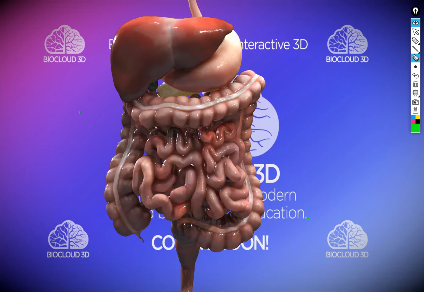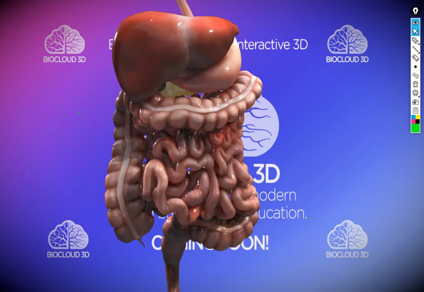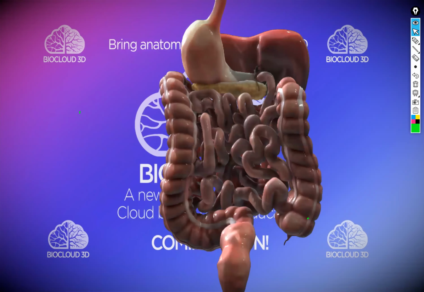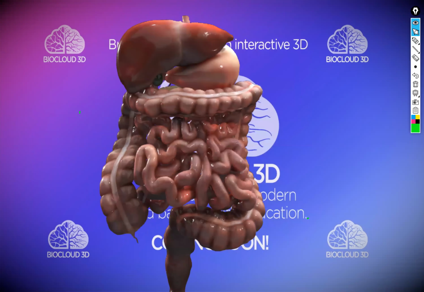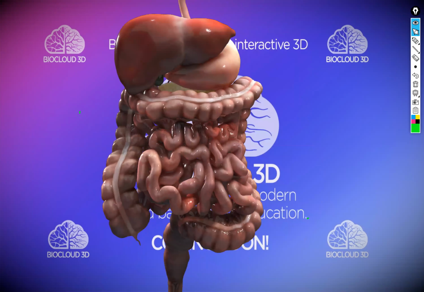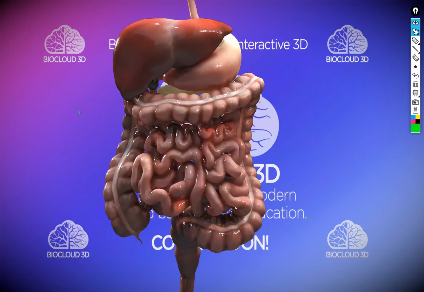And we can see, if I turn this around, the ileum plugs into the cecum right there. So visually, as far as being able to tell which is which, you're not going to be able to tell exactly where one ends and the other begins, and that's okay.